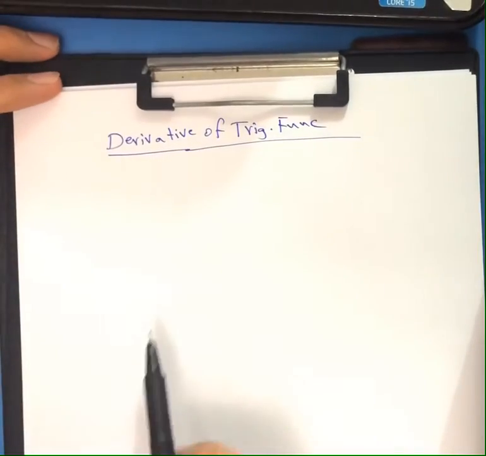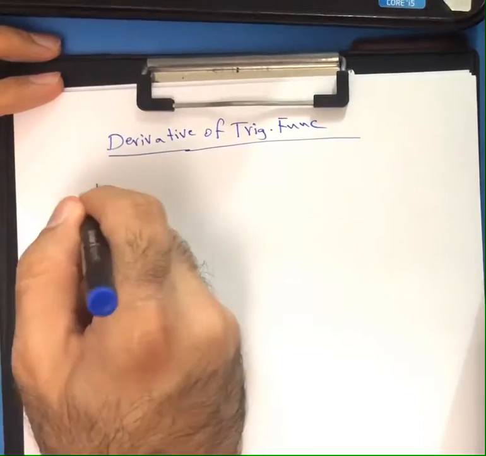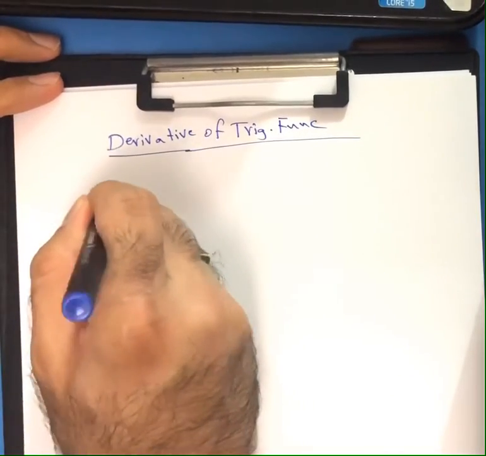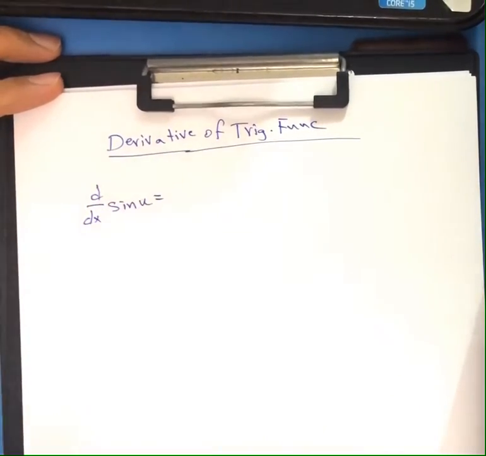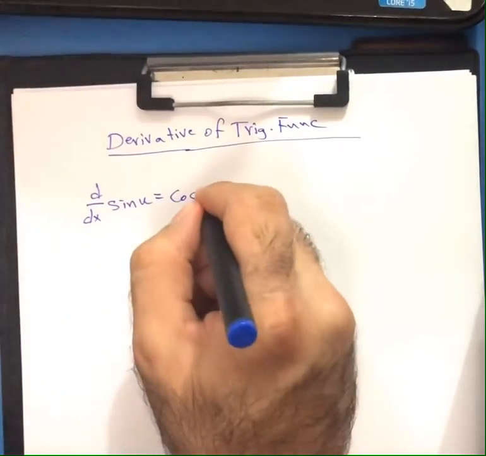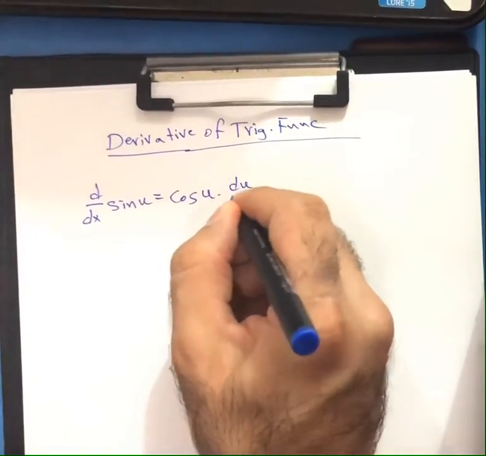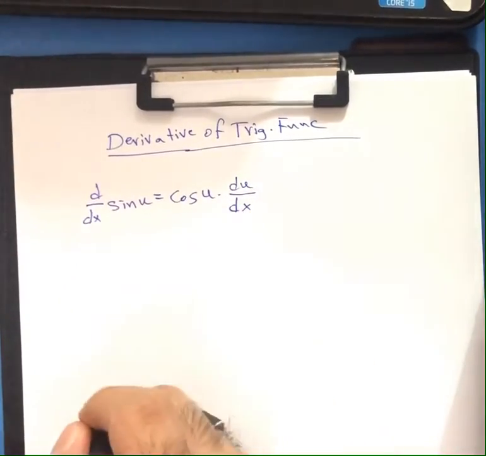Let me explain something. d by dx for sine u is equal to cosine u multiplied by the derivative of the angle, which is u, with respect to x.